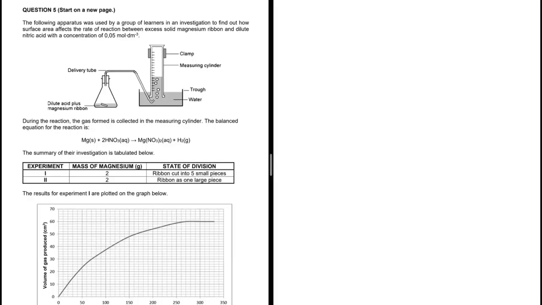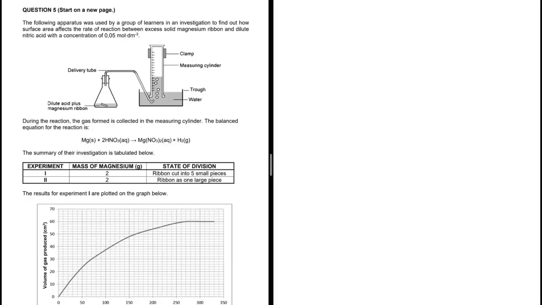So the change in the volume, we're going to have 48 minus 42 divided by 150 minus 120. Okay, there we go. So let me just put that in my calculator. 48 minus 42 divided by 150 minus 120.